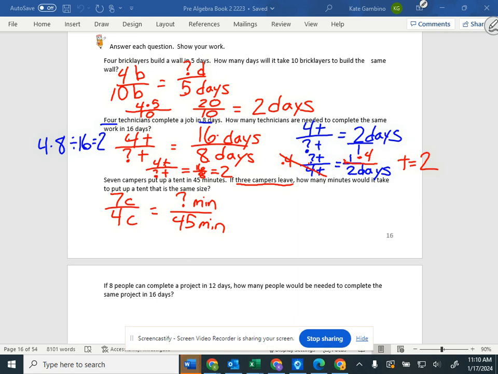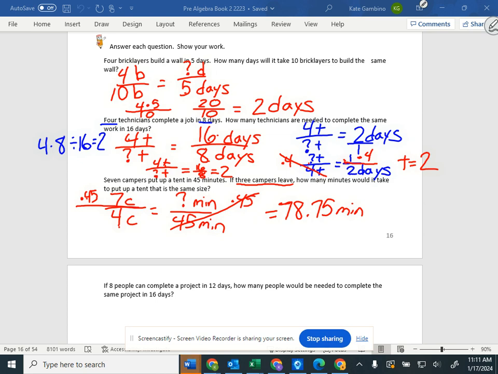So we know we're going to multiply by the 45. So those cancel out. 7 times 45 divided by 4. 7 times 45, I don't have it written down what that equals, but divided by 4 gives us 78.75 minutes.